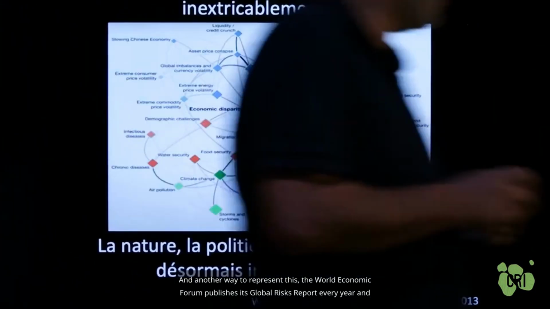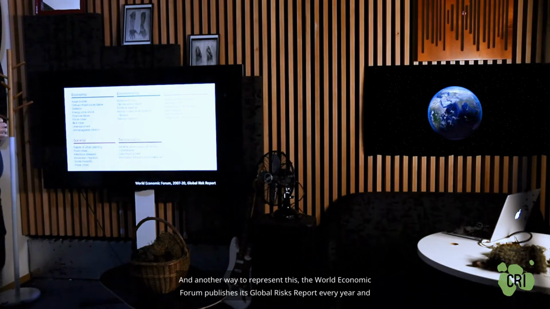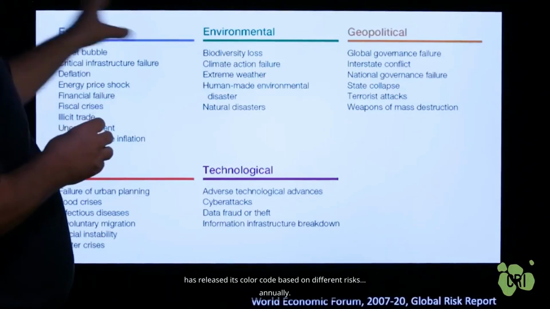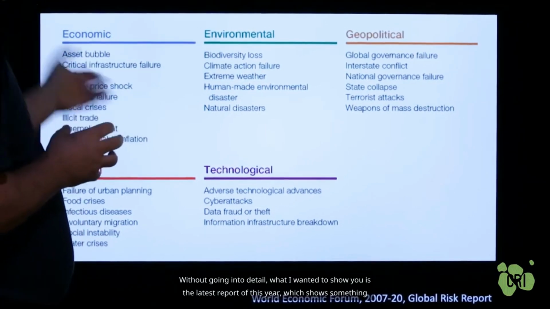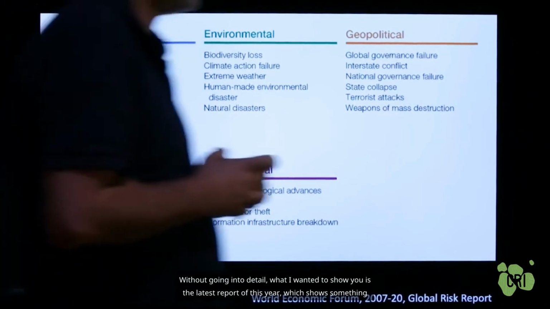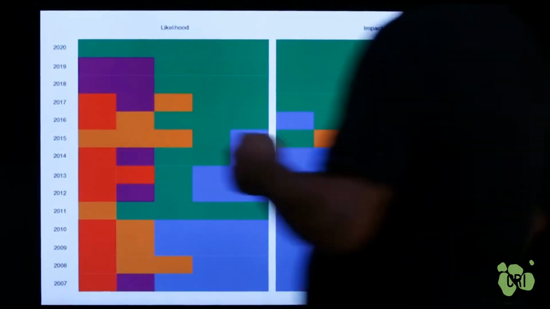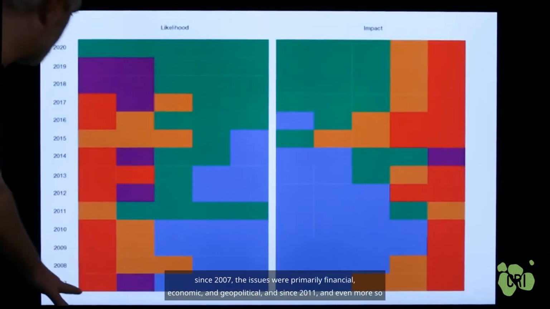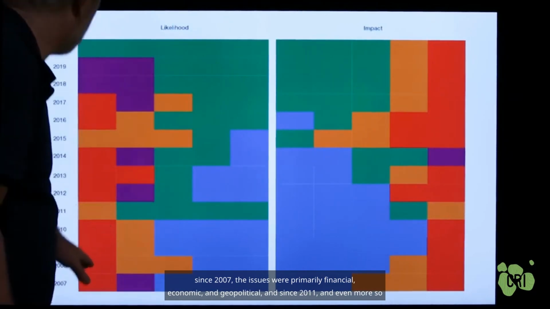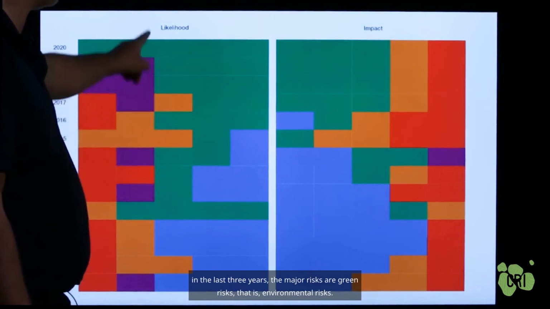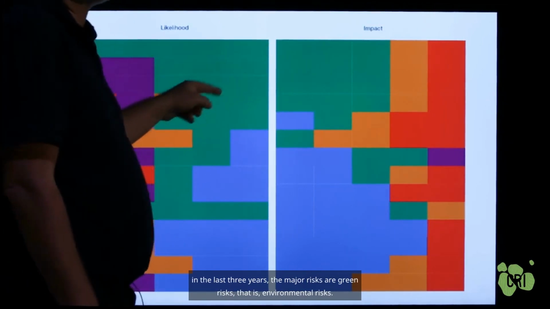And another way to represent this, the World Economic Forum publishes its Global Risks Report every year and has released its color code based on different risks annually. Without going into detail, what I wanted to show you is the latest report of this year, which shows something particularly interesting. Since 2007, the issues were primarily financial, economic, and geopolitical, and since 2011, and even more so in the last 3 years, the major risks are green risks, that is, environmental risks.